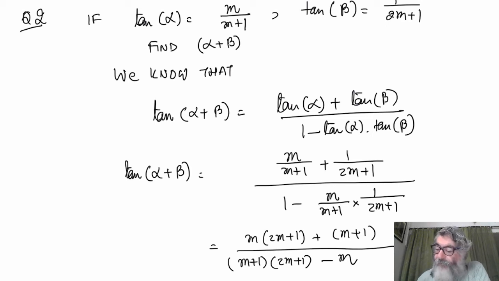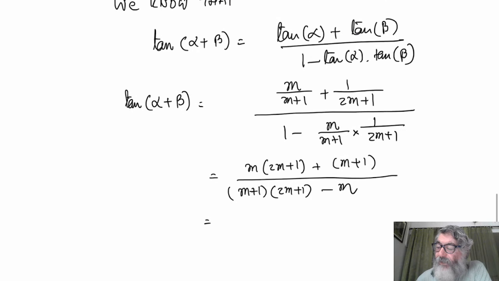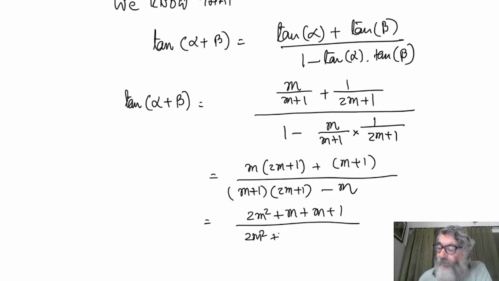Now let us simplify this. What do we get? m into 2m is 2m square plus m plus 1. If we multiply this, 2m square plus m plus 2m plus 1 minus m.